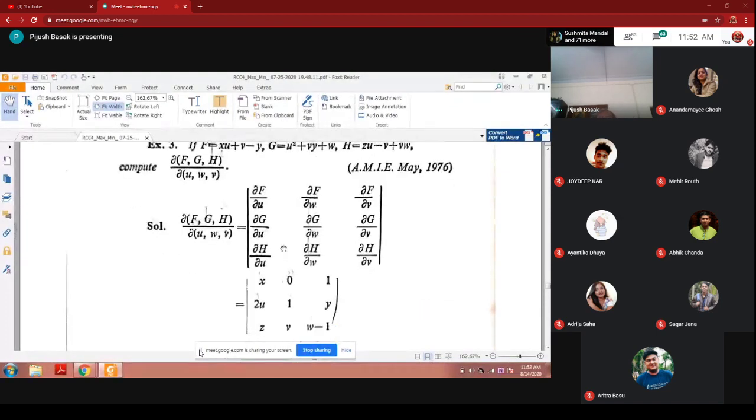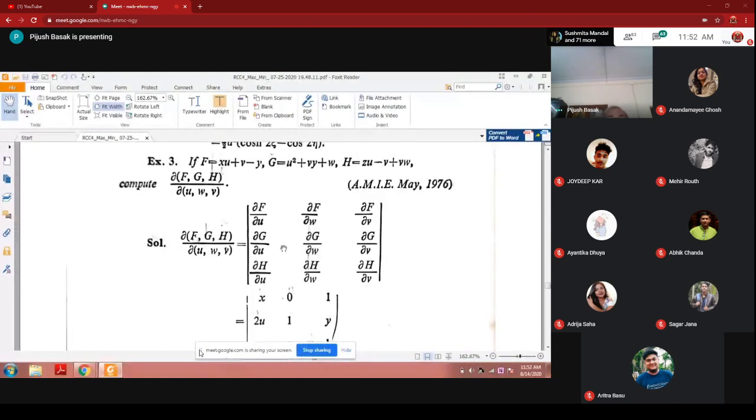Now, calculation. del f by del u. So f is xu plus v minus y. So differentiate partially with respect to u, so what will we get? x only.